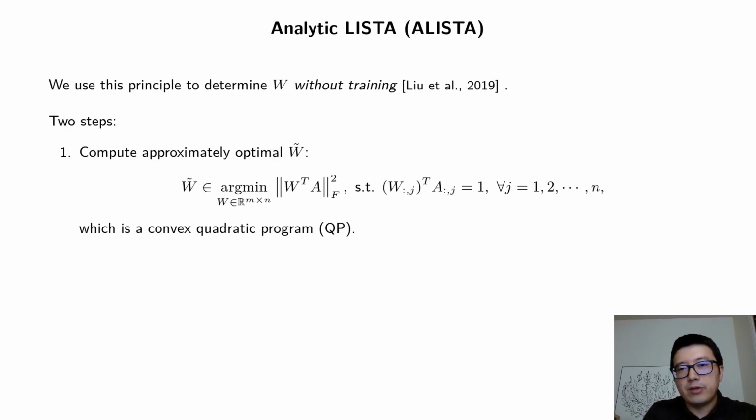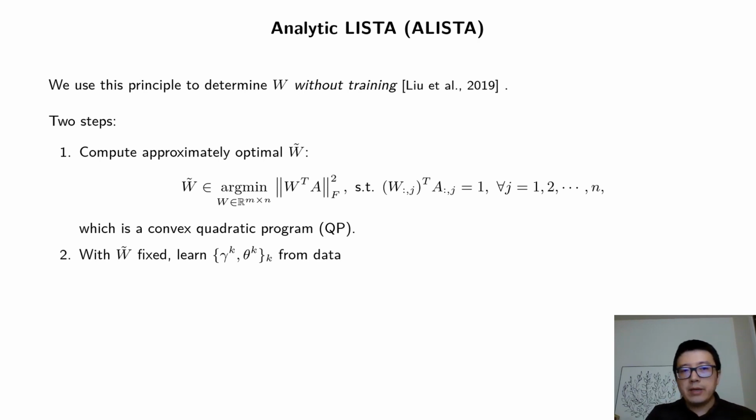This is the formulation we use for W. Instead of the standard definition of mutual coherence, we just use the Frobenius norm, which gives us an easier convex quadratic problem. The solution can be written in closed form, which involves an inversion of the A transpose A matrix.